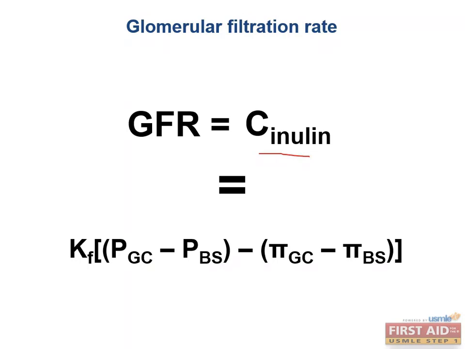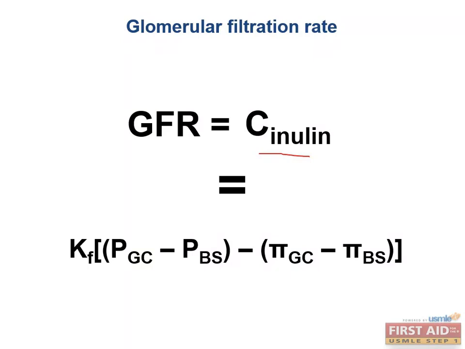Now GFR is used as a proxy to measure kidney function. It represents the balance between the starling forces in the glomerular capillaries, which are the hydrostatic pressure trying to push fluid out, and the oncotic pressure trying to keep fluid inside the capillaries.